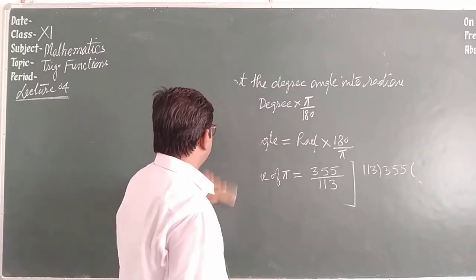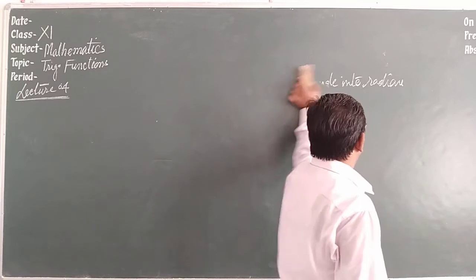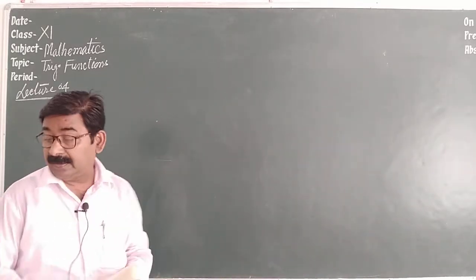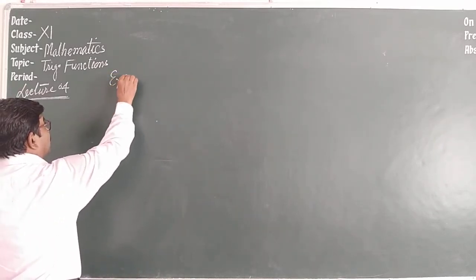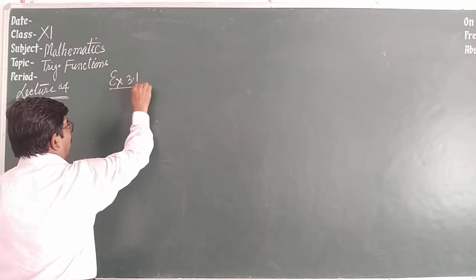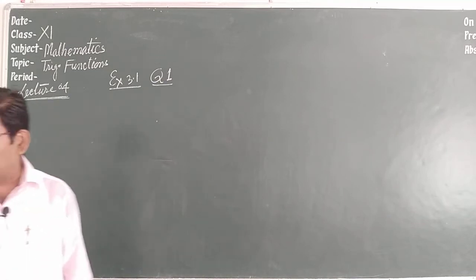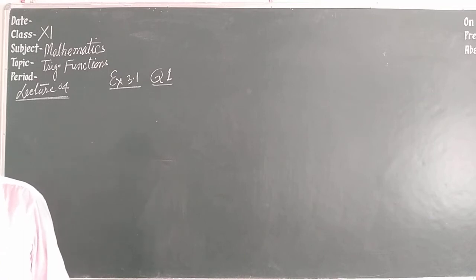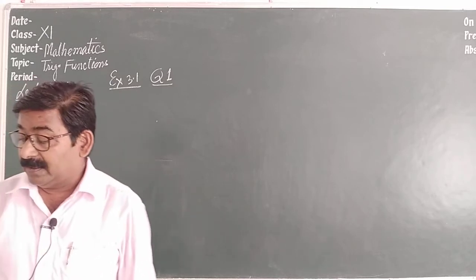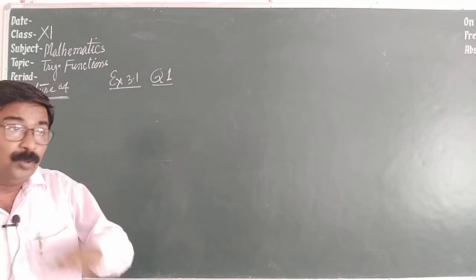See, I am giving exercise 3.1, question number 1. And what is the question? Find the radian measure corresponding to the following degree measure. Means we have to change degree into radian.